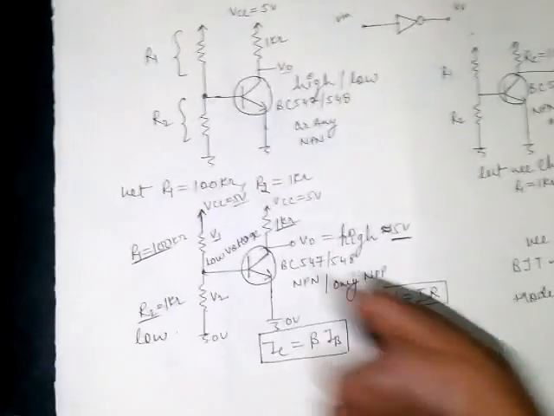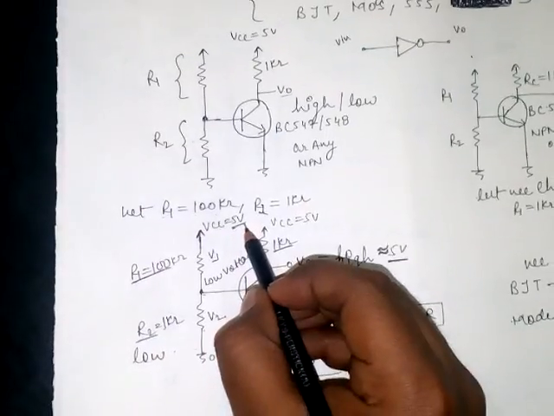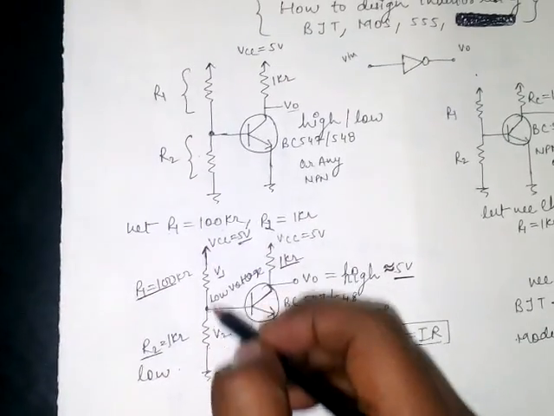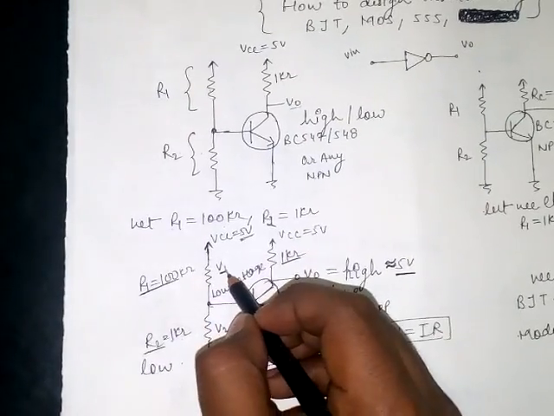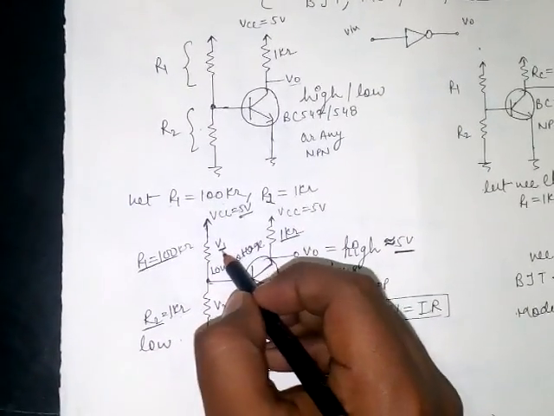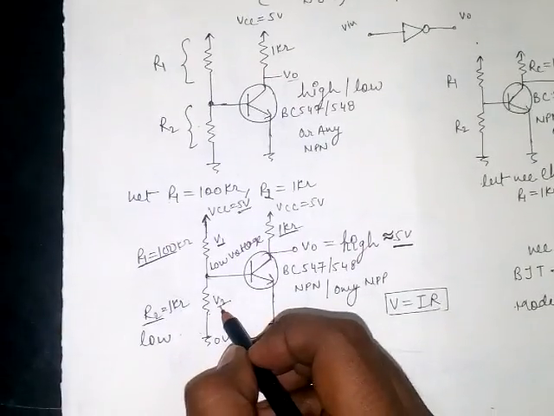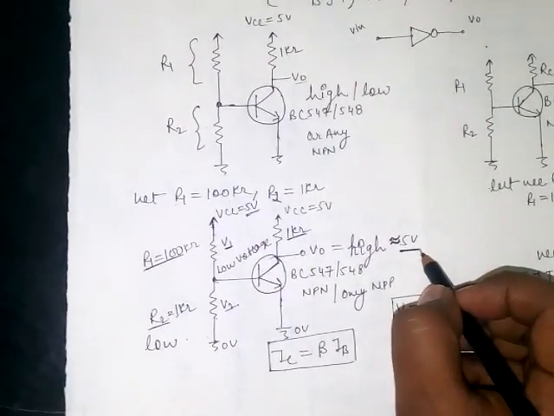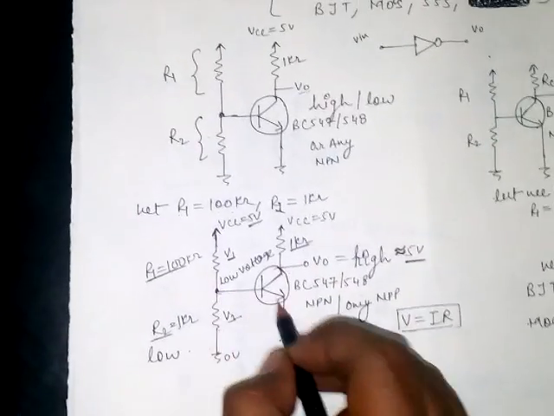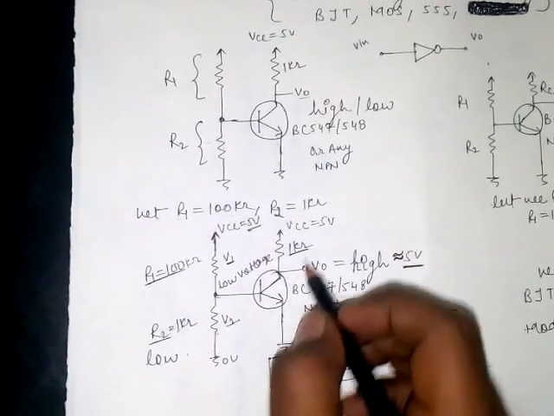Once again, when the supply is given there, current will start flowing from here to there. The voltage drop across V1 will be high as compared to V2, which puts the transistor in cutoff mode, and there is no current flow through the transistor.